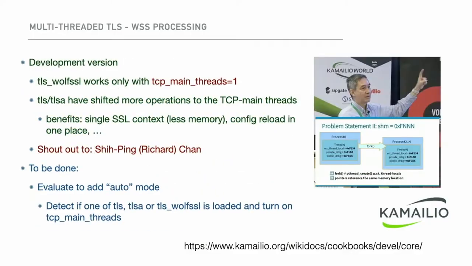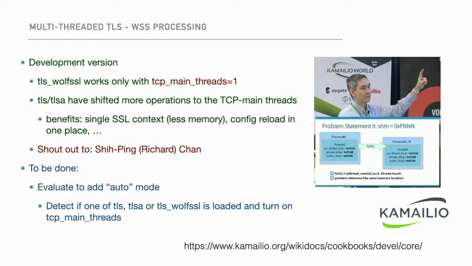Now in the development version, Shipping became also very active. He did a lot more migration from multi-process to multi-threading, including accessing the attributes, reloading the config file, and saving a lot of context space.